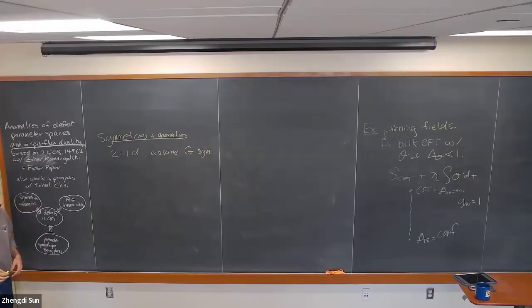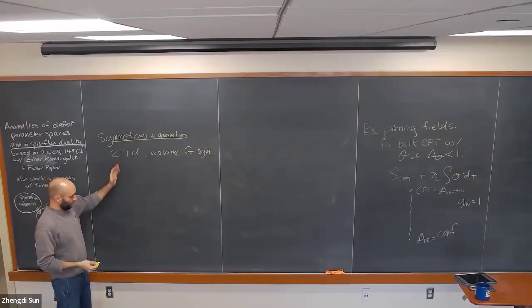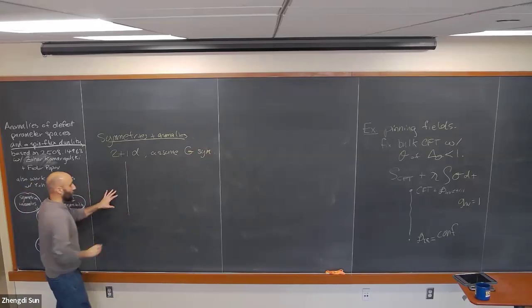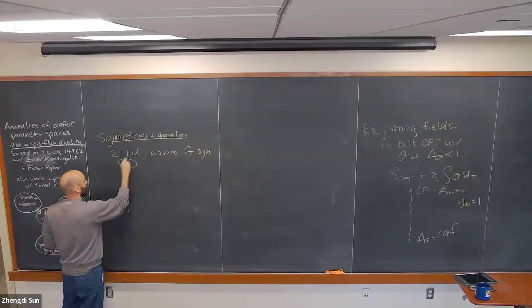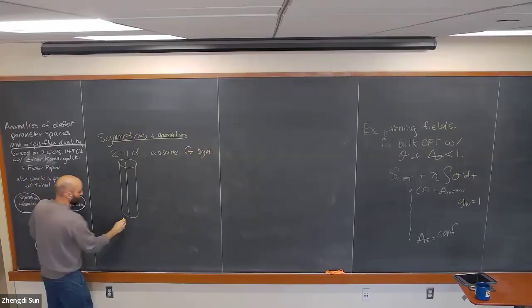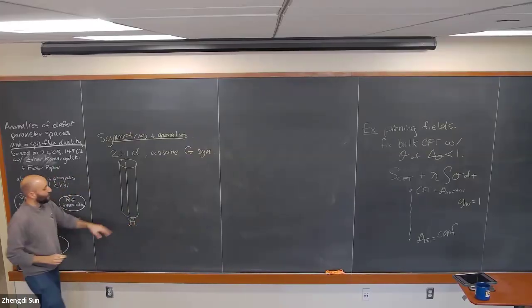I want to be able to use this symmetry to constrain line defects, so I should put in some kind of assumption that my line defect preserves the symmetry. And one definition is you want that, so good, so here's my line defect.